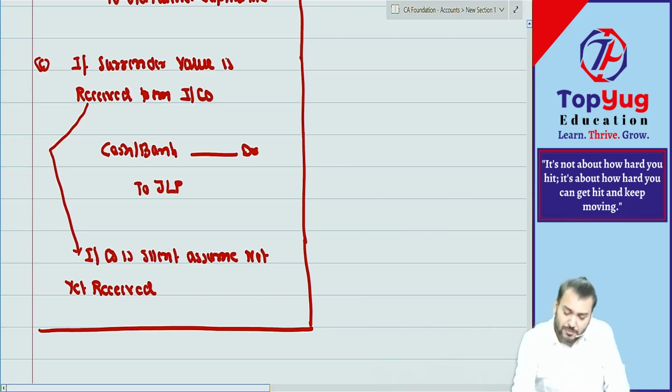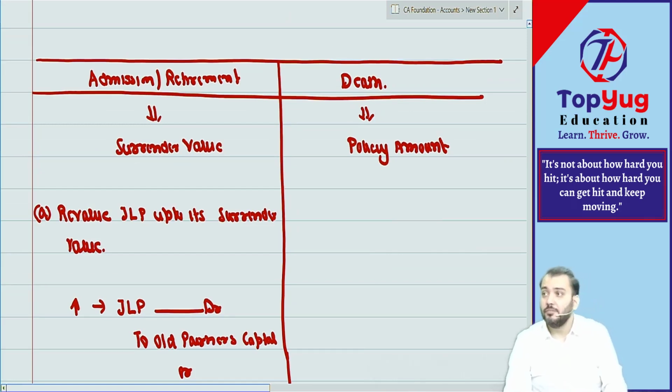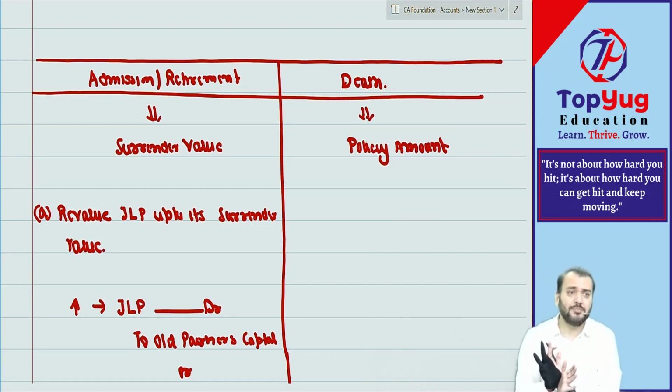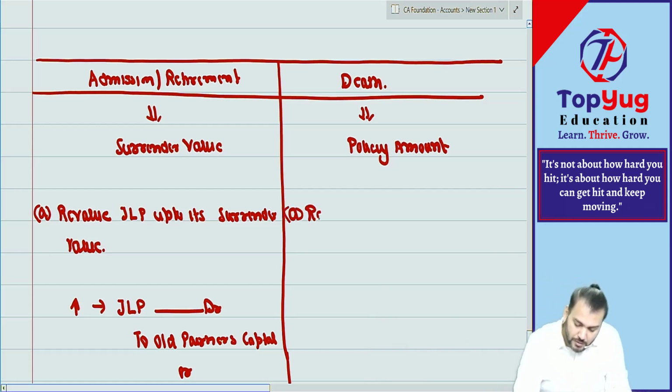Can I say in case of death the same journal entry applies, but only the policy amount will come? Yes, same journal entry, but the policy amount will come now. Better write it down. Point number A: revalue JLP up to the policy amount.